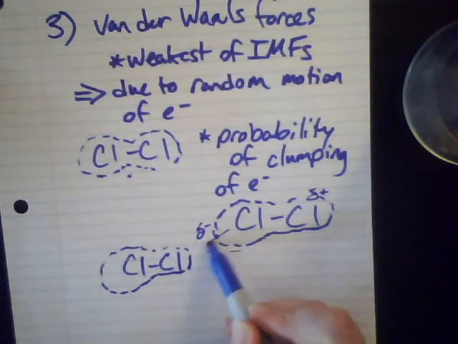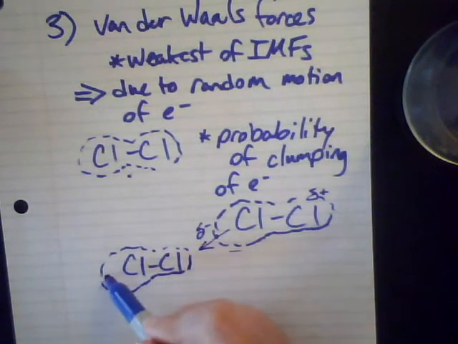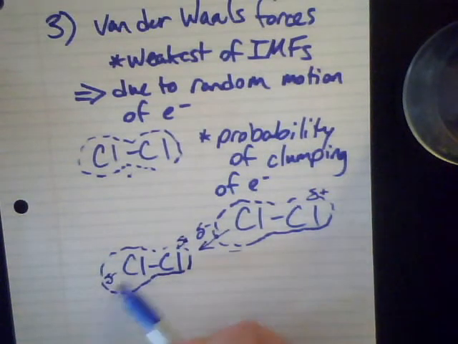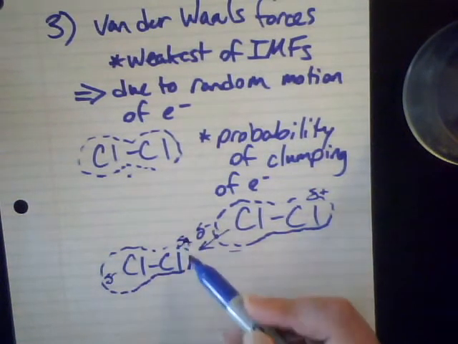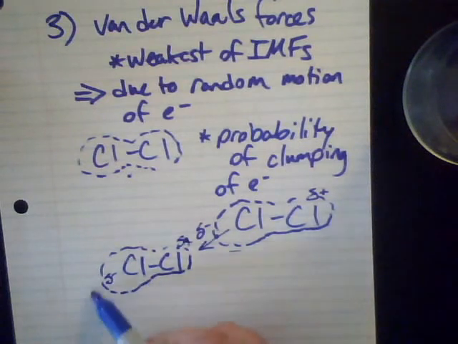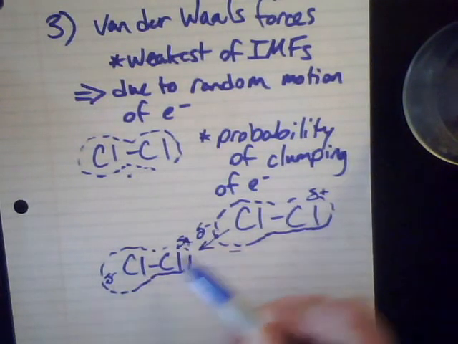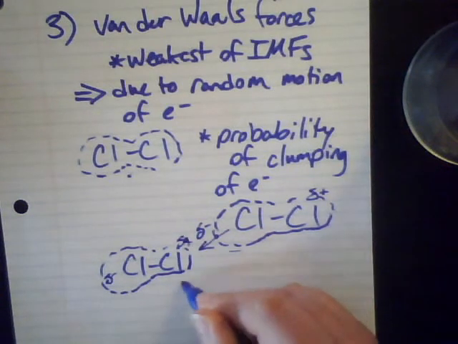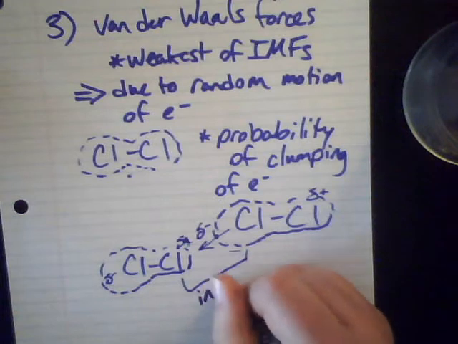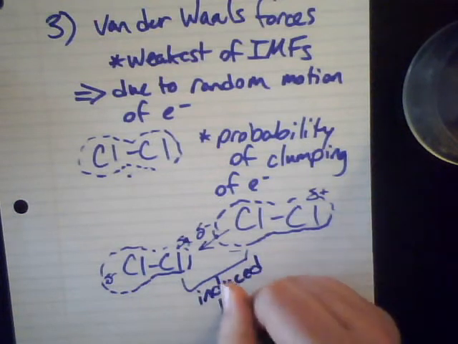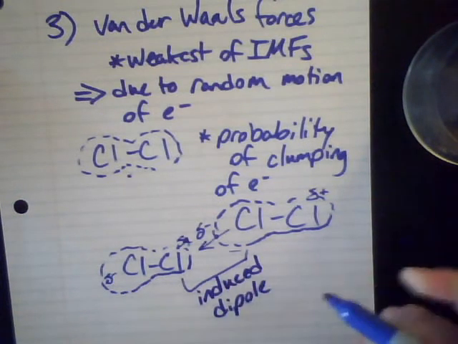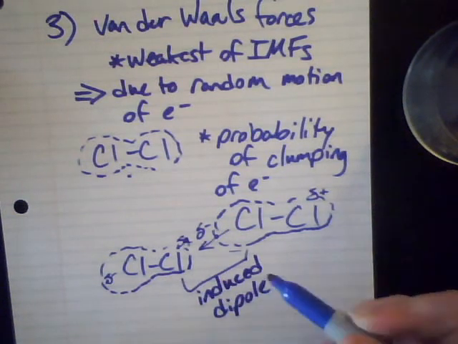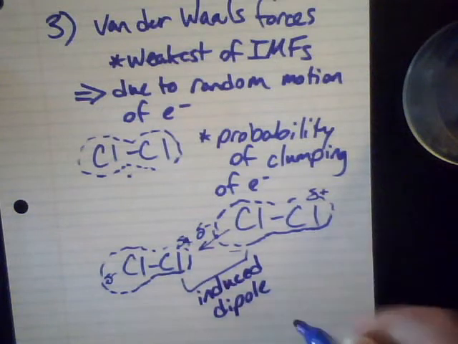So this one's running into this one here, and that shifts the electron cloud like this. And now there's this slight discrepancy on this molecule as well. So now there's a slight negative charge on the one side, a slight positive charge on the other side, and we call this process right here an induced dipole. An induced dipole is a dipole that is induced or forced where there isn't normally one.